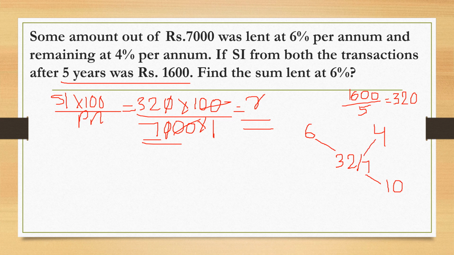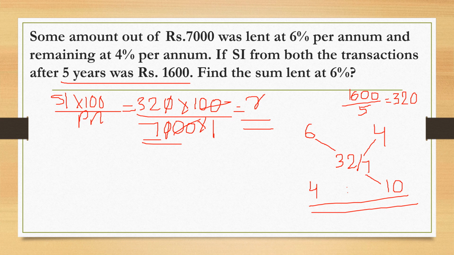So we will get 4. Okay. This represents the ratio in which the sum of amount was divided. 4 is to 10. That is 4 represents the amount that is lent at 6% and 10 represents the amount that is lent at 4%.